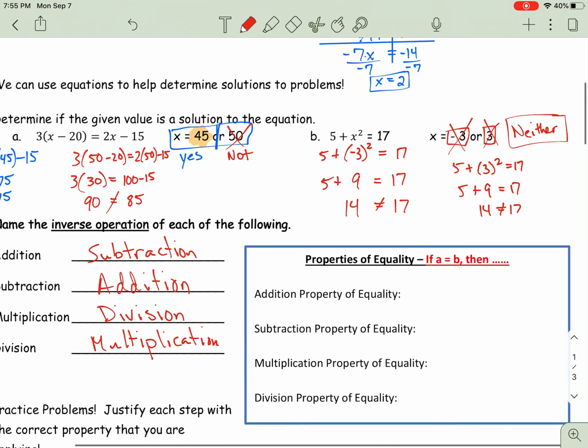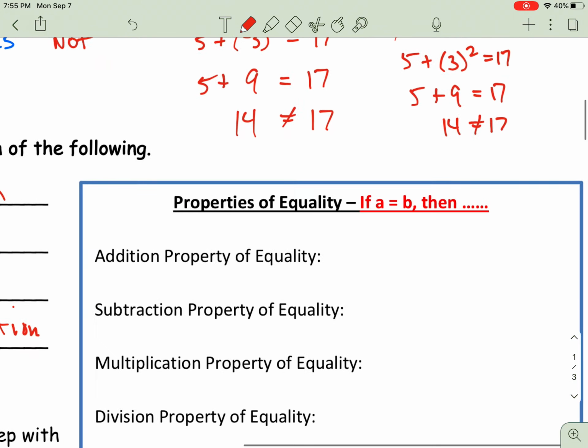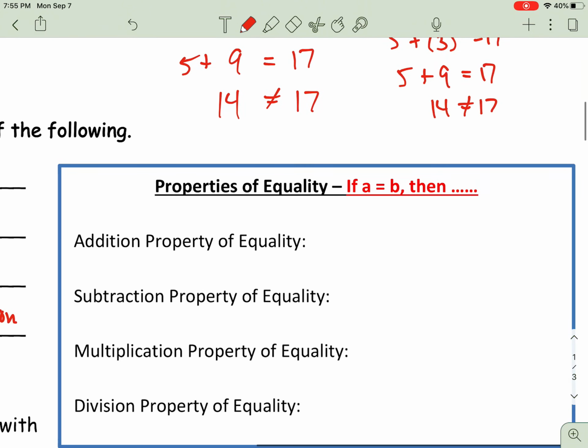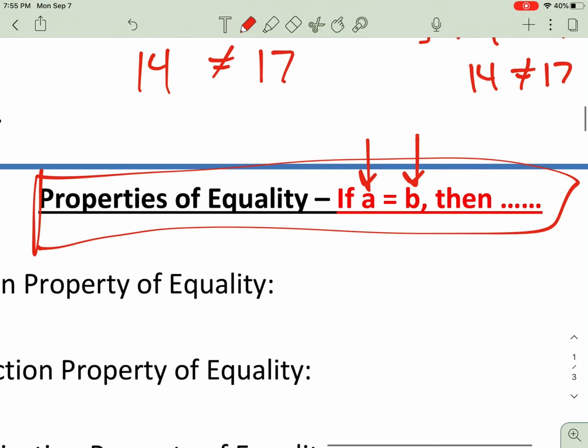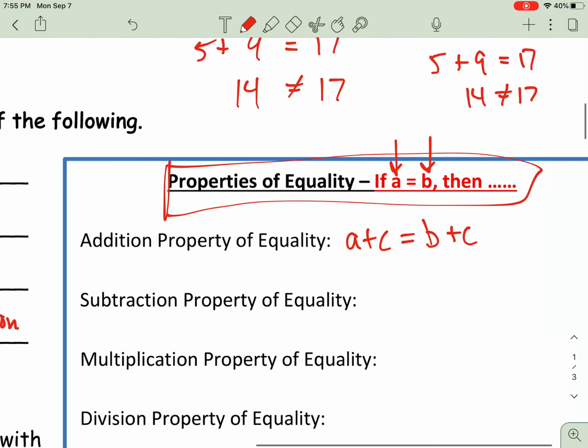Okay, so why is that important to know? Well, when you're going through and solving an equation, you have to keep both sides equal, right? And these are the properties of equality that say that we're allowed to do this. It says if A equals B. So what that means is if the left side is equal to the right side, then the addition property of equality says that you can add any random number to both sides and they'll still remain the same, as long as it's the same number.